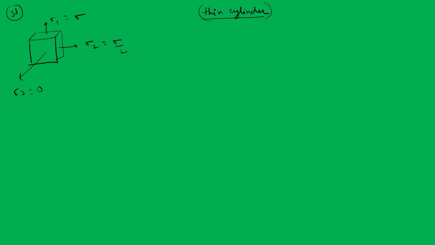In a thin cylinder we have a state of stress that is divided into two parts: one is called the hoop stress, the other is called the longitudinal stress. The hoop stress is represented by sigma h, and the longitudinal stress by sigma l.